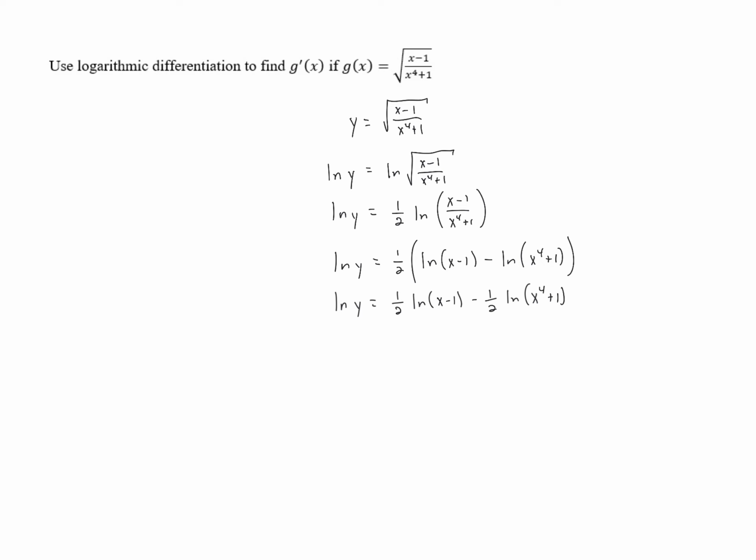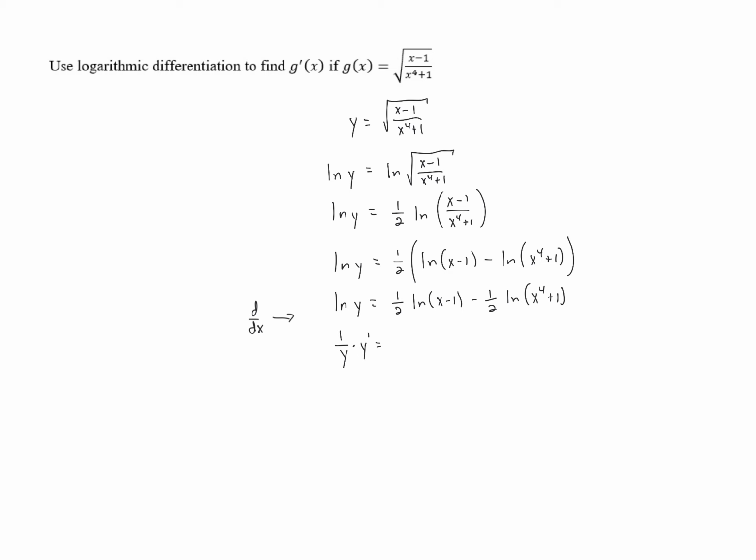Now, at this point, we can use implicit differentiation to take the derivative of both sides with respect to x. So I'm just going to write d over dx here to say we're differentiating with respect to x. The left-hand side gives us 1 over y times y prime.